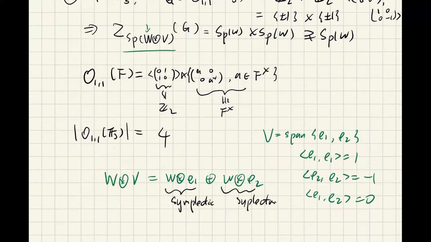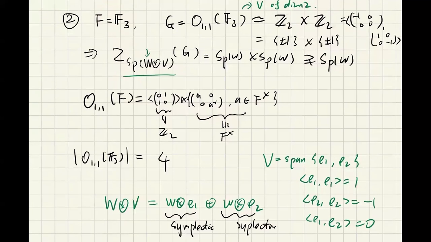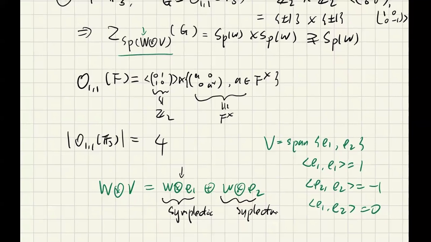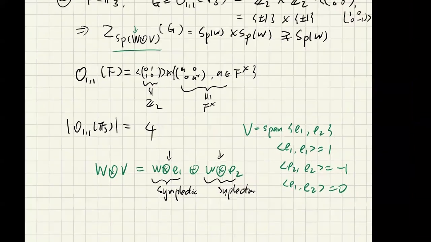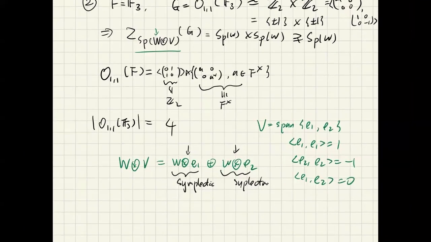You can see that O1 acts on this space, and O1 also acts on this space, so it will stabilize each space. Therefore, you can see that the centralizer of O11 inside the big symplectic space is actually two copies of SPW, so it properly contains SPW.